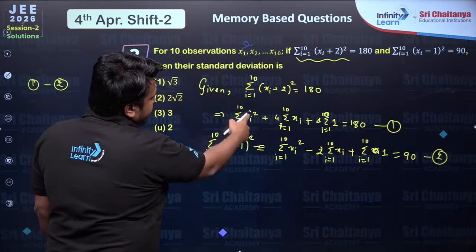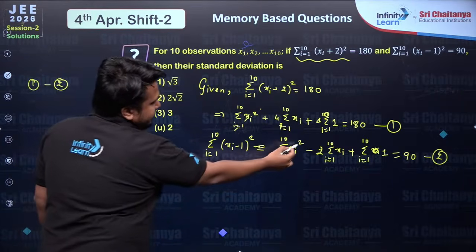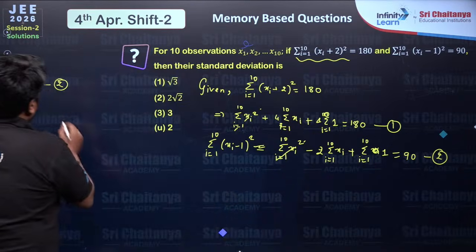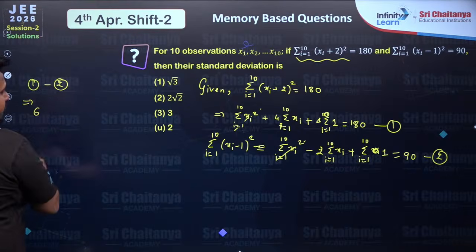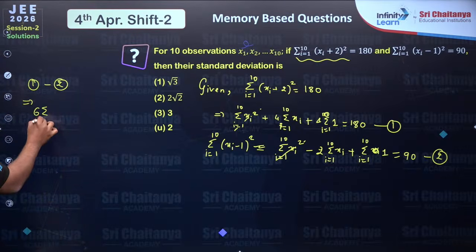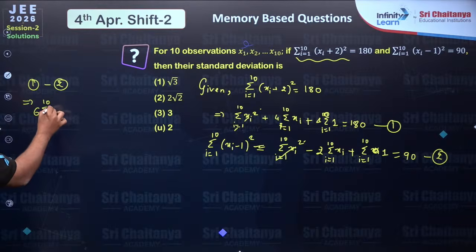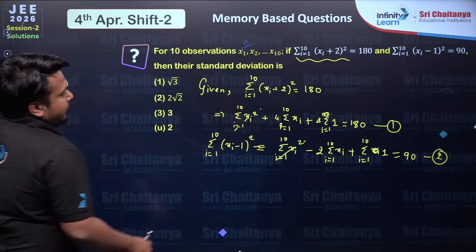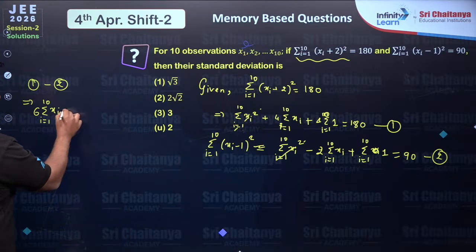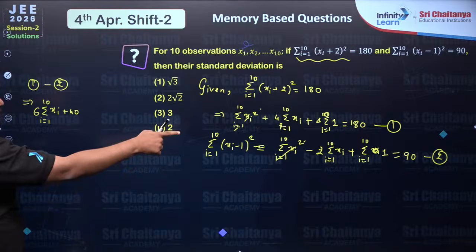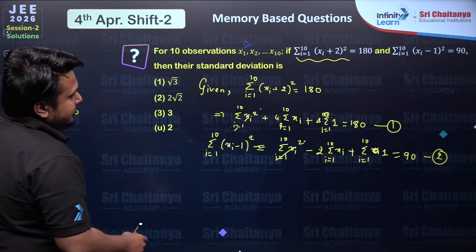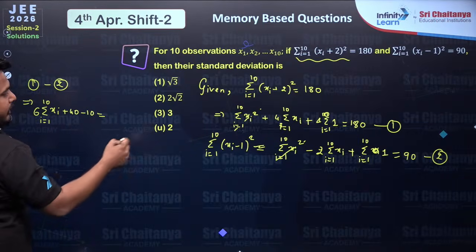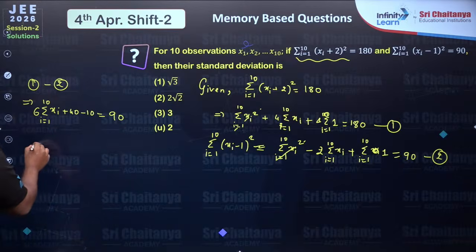So summation xi square minus xi square will get cancelled. 4 minus 2 will be, this implies 6 times summation i equal to 1 to 10 of xi. 4 times summation of 1 from i equal to 1 to 10 will be 10, 10 times 4 is 40. 40 minus this side we will be having 10. So 40 minus 10 will be, 180 minus 90 will be 90.